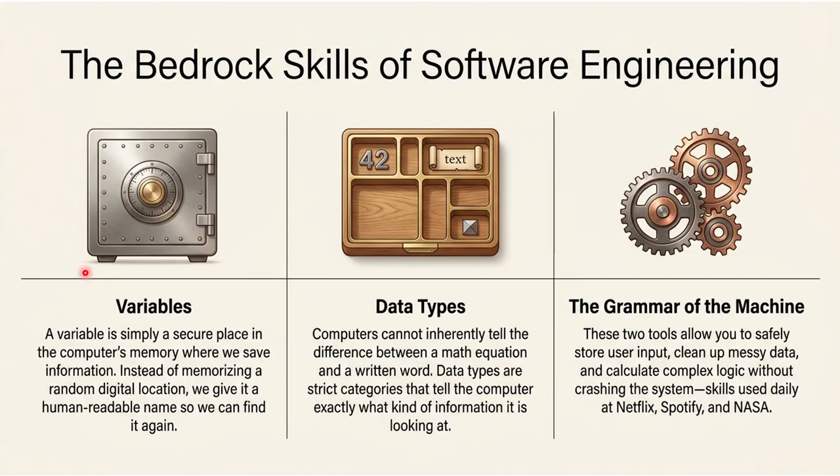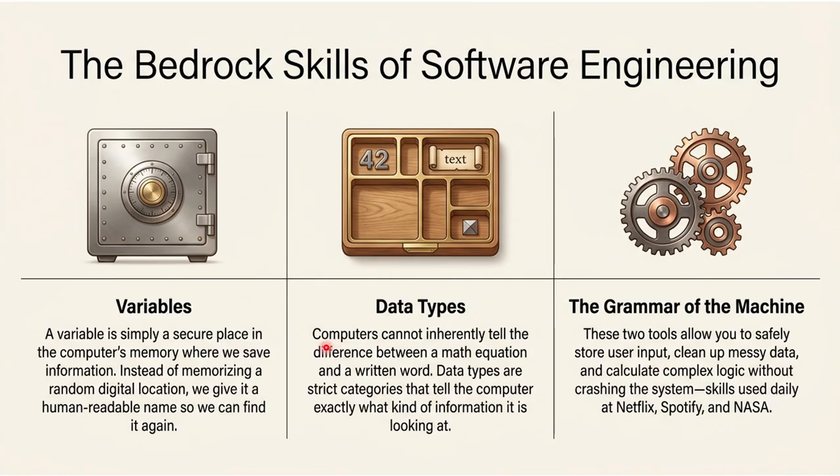So what does this mean? Imagine a safe box in the computer memory where you can save your information, and you don't have to remember the physical location of this safe box. You just give it a name like A, B, or C, and you can then refer to it through that name. Now let's proceed to data types.